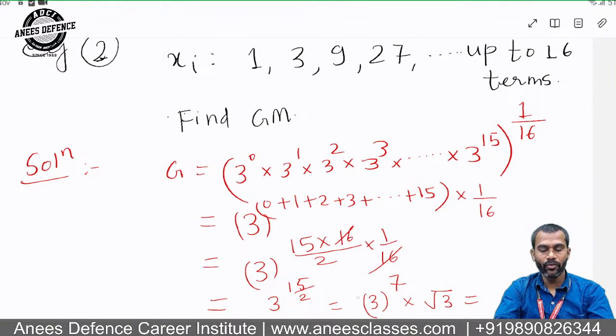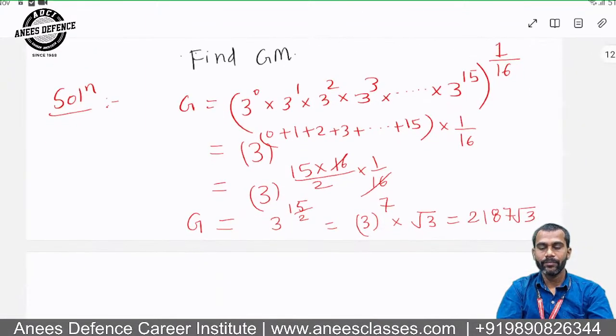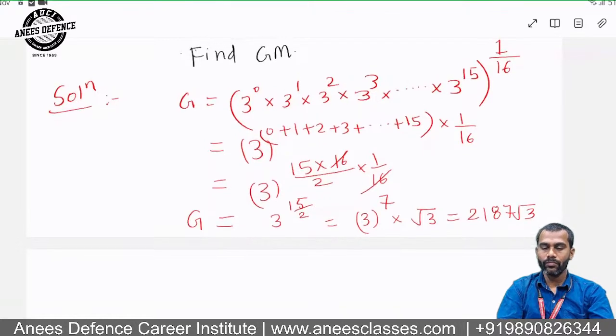If you multiply 729 into 3, you will get 2187 root 3. That is your GM. I hope it is clear. Yes, online students, is it clear? Yes or no?